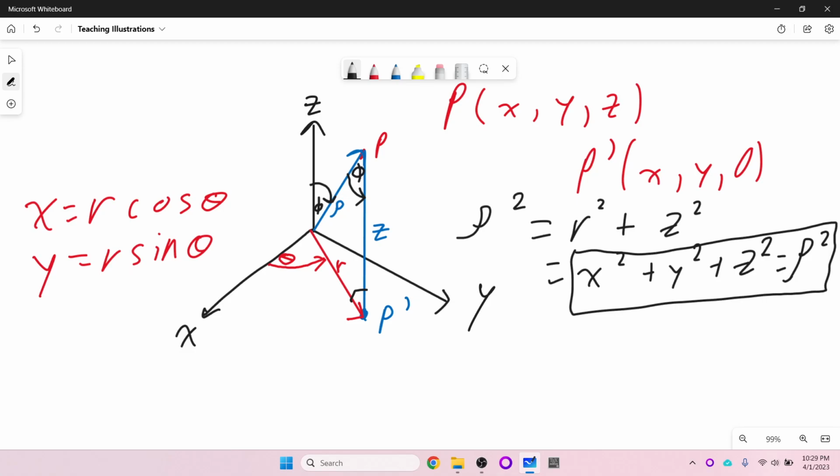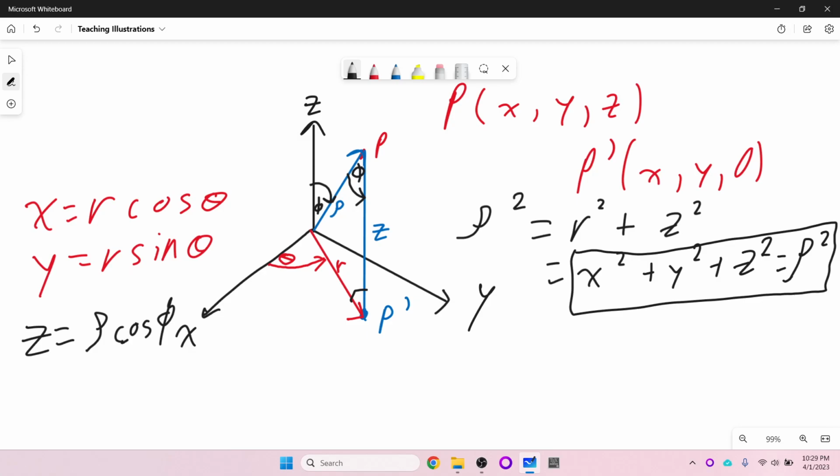So we see another relationship: rho is the hypotenuse, z is adjacent to the angle phi, so we can get z equals rho cosine phi.